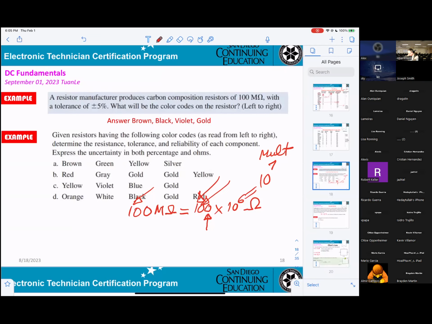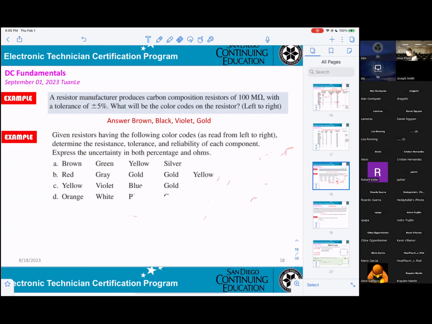Okay? And now what you need to do is they give you here and you try the best way you can to get the answer. Now, I'm talking about the tolerance. I give you a resistor value, a resistor of 100 ohm.